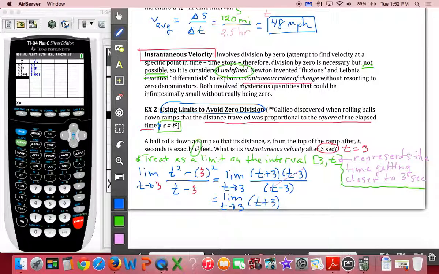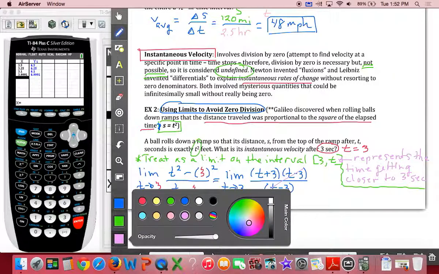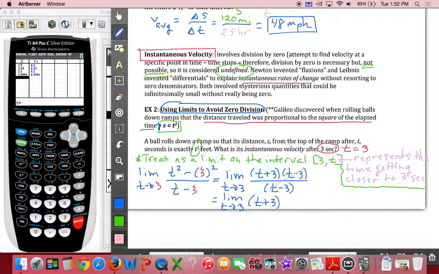So we're not done, because we haven't found our limit of 6, right? So then you're going to take this number that we're approaching, and you will always plug it into however many t's there are in that simplified limit.